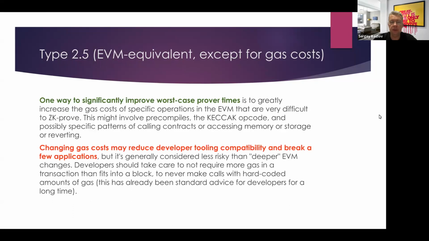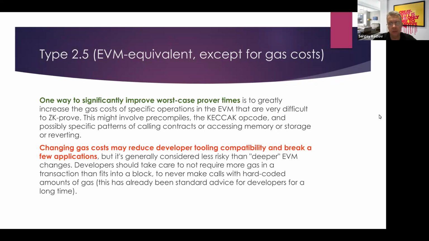Speaking about the next type of ZK-EVM, we have 2.5. Here again, we try to save more calculation by removing some hash algorithms which are not compatible with zero-knowledge technologies. We approach this with higher gas costs for specific hash functions, which may reduce developer tooling compatibility and break a few applications.